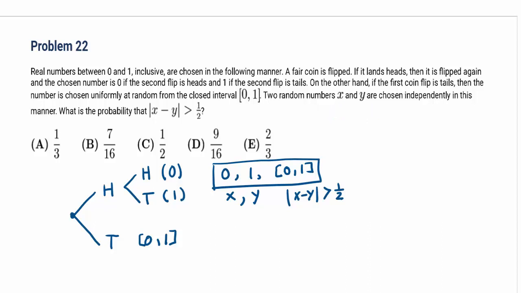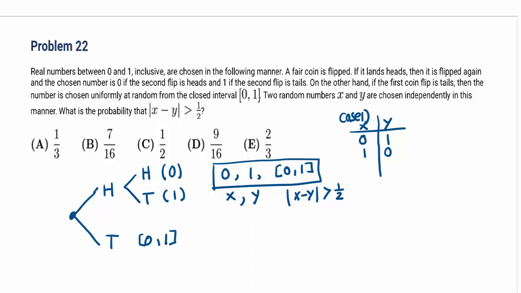So the first case, Case 1. You can choose x and y where x equals 0 and y is 1, or y equals 0 and x equals 1. To choose the number 0, we write out the probability.